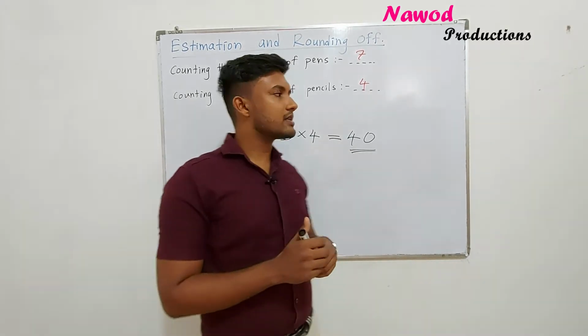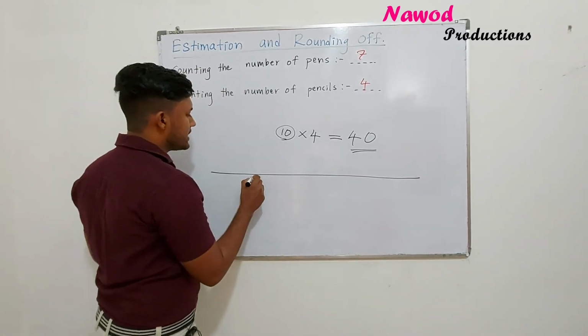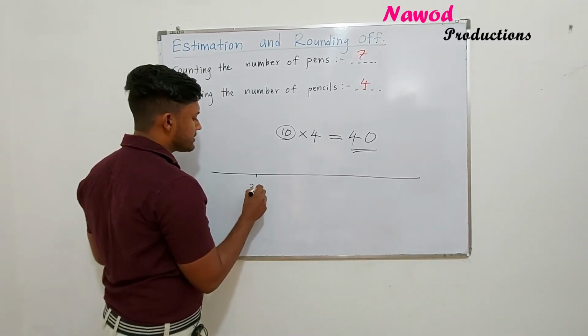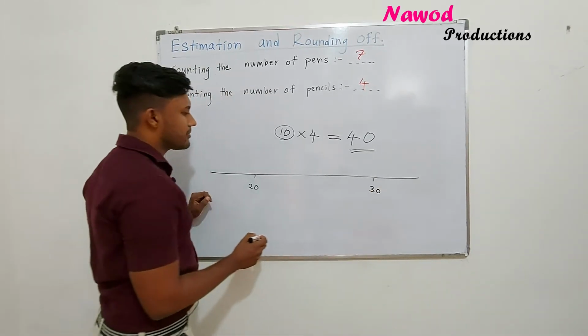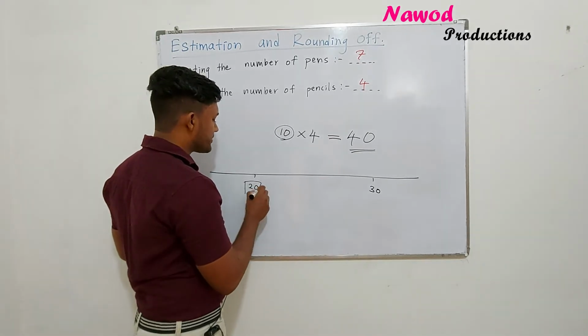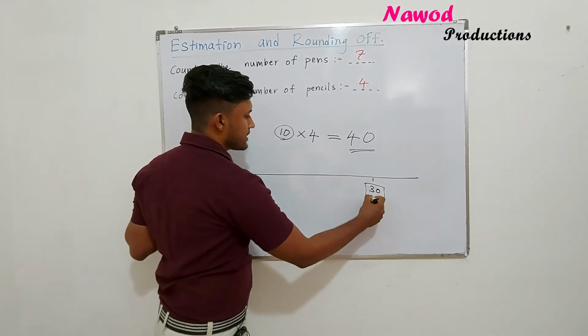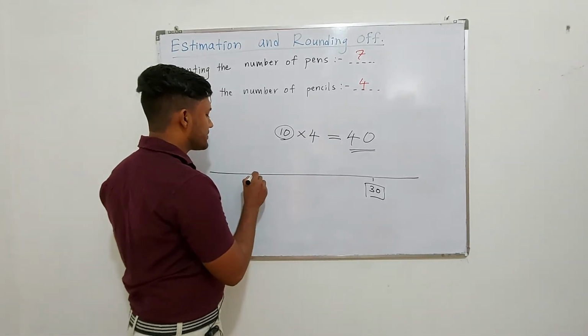If we take the number line and consider some numbers in between 20 and 30, these are multiples of 10: 20, 30, 40, 50, like that, right? Multiples of 10.